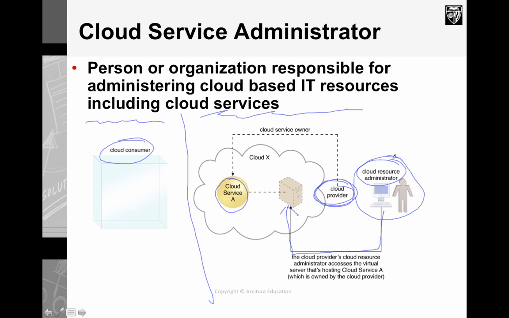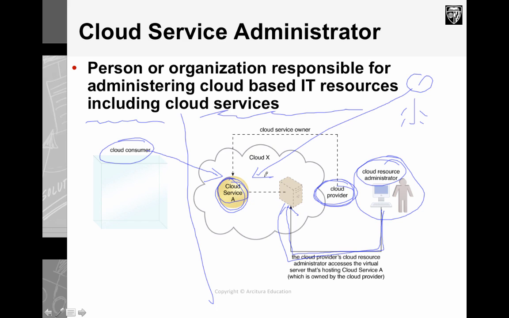This cloud resource administrator is launching a virtual machine, is launching a cloud service, which can be consumed by the cloud consumer, which could be a third-party organization, or it could be consumed by a cloud user, which is a guy that's using that particular service.